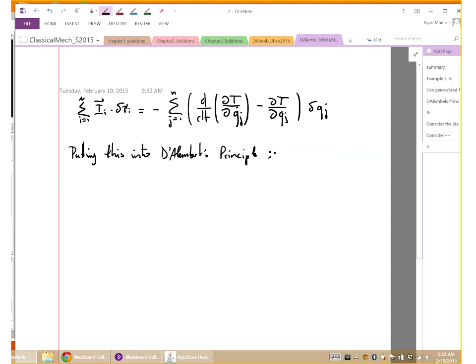So the principle of virtual work, including now this inertial force, the total work was the sum from i equals 1 to n of the applied forces plus the inertial forces dotted with delta Ri.